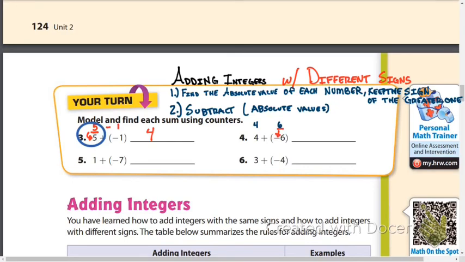Here I have a negative, so I know that my answer is going to be negative. Step number 2 says to subtract. So now 6 minus 4 gives me 2. So my answer becomes negative 2. And that's how we use the rule to solve adding integers with different signs.